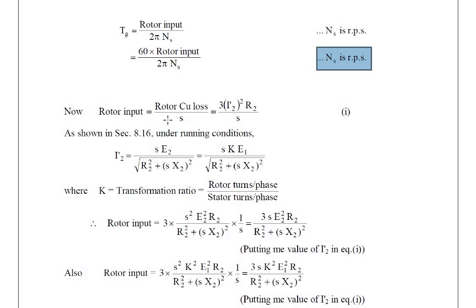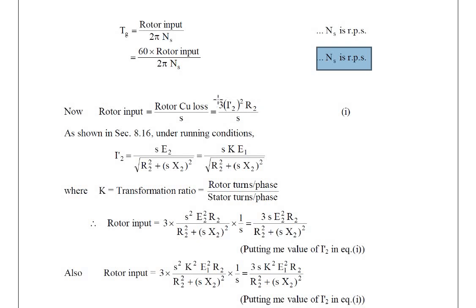Now rotor input, as we saw in the previous slide, is simply given by rotor copper loss divided by S. Rotor copper loss is given by 3 I2 dash whole square into R2, which is the simple I square R loss.